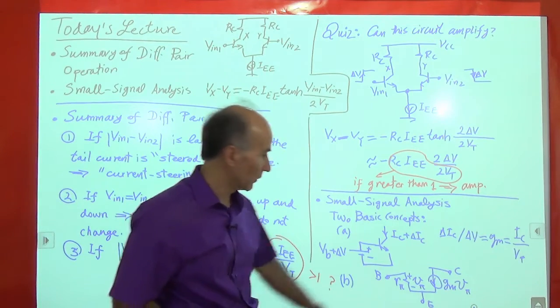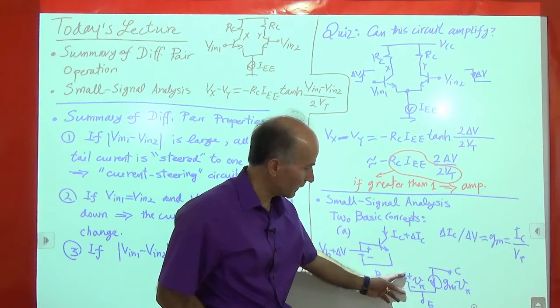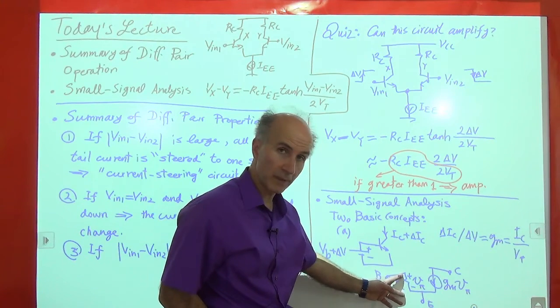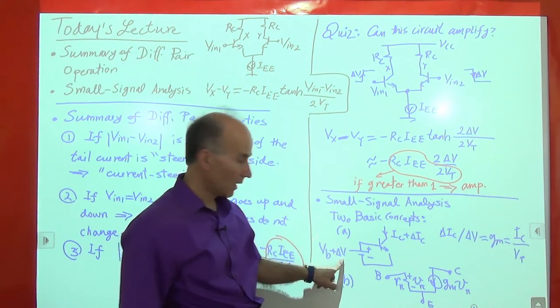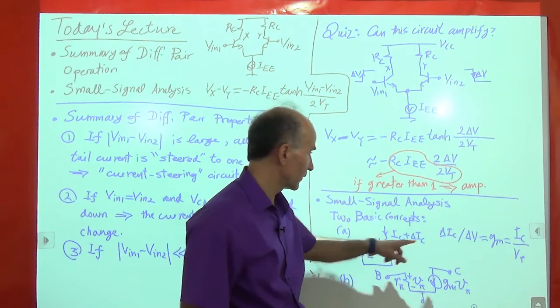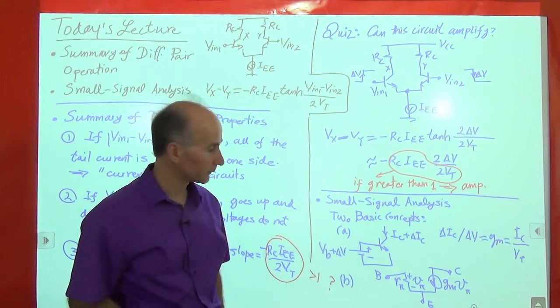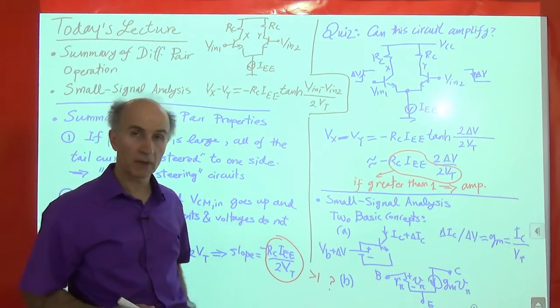So this is really the same as this. It just says that if there's a small signal voltage between base and emitter, which would be this delta V, then I generate a small signal current Gm V pi, which would be this Gm times delta V that we had there. So let's remember these.